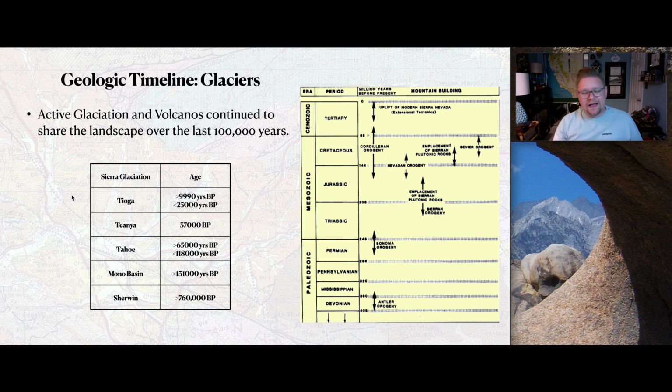These are all iconic Sierra glaciation events. Why do I mention this? Well, because on top of all of that turmoil we were going through, we also had glaciers present over the last almost 1 million years, but more actively in the last 100,000 because of, obviously, climate change.